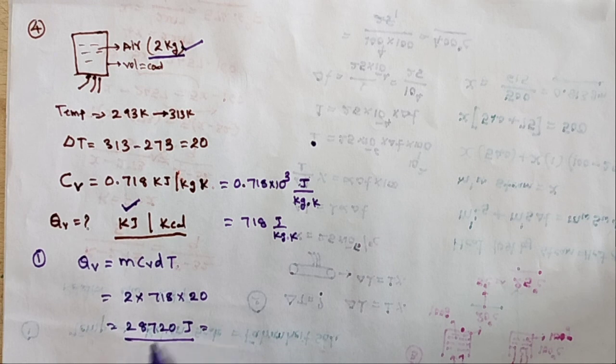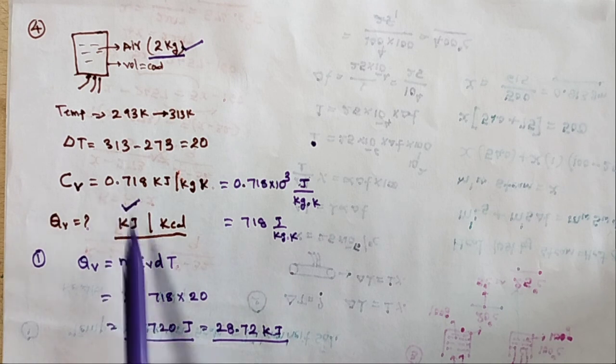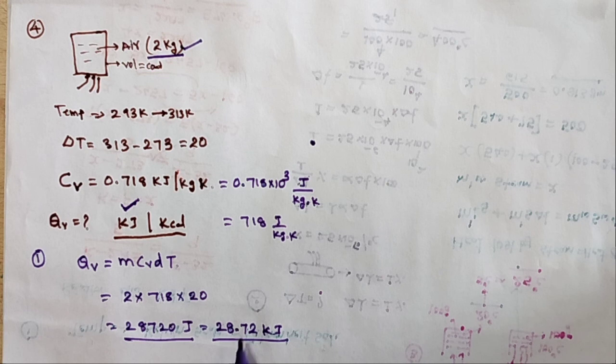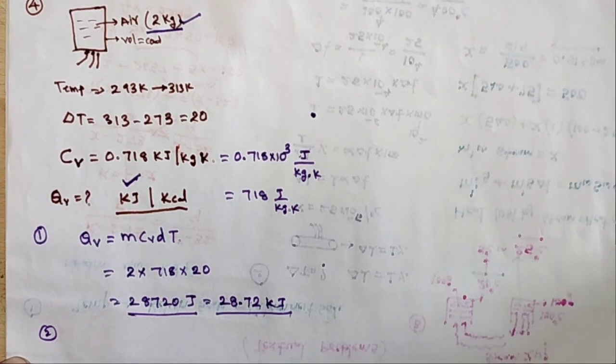Kilo means 10 cube, so by dividing by 10 cube, the decimal point moves, giving 28.72 kilojoules. Or you can substitute 0.718 directly and get 28.72 as the direct answer. Or with conversion, this is also correct.